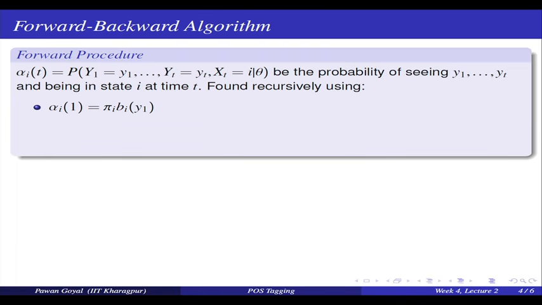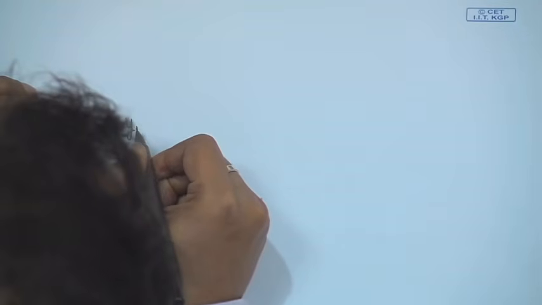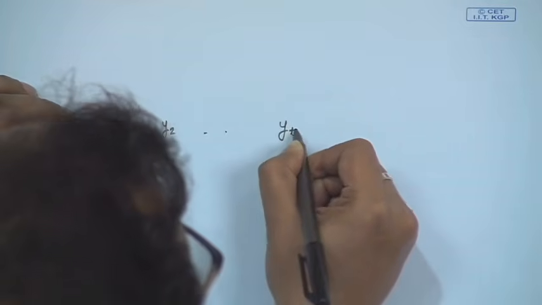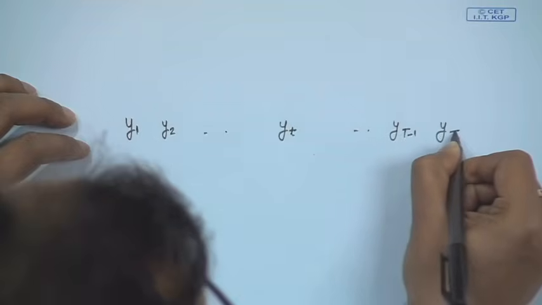Okay. So, for explaining, let me just show it on paper once. So, what is happening? I am observing this sequence y1, y2, y small t, yt minus 1, yt. This is my observation. Okay.